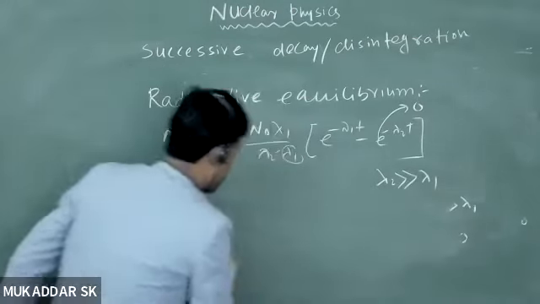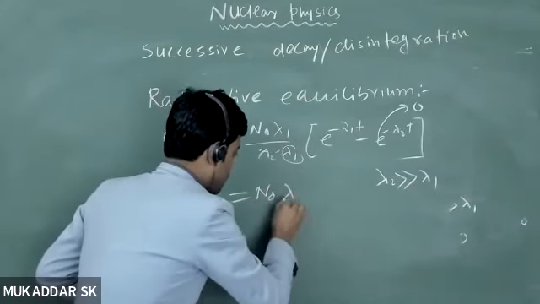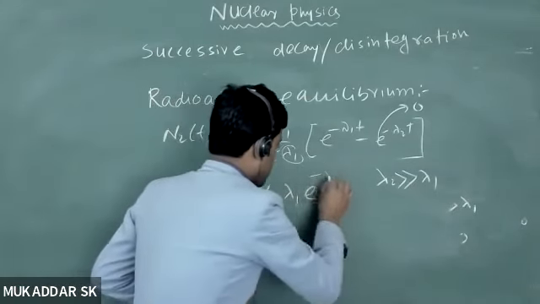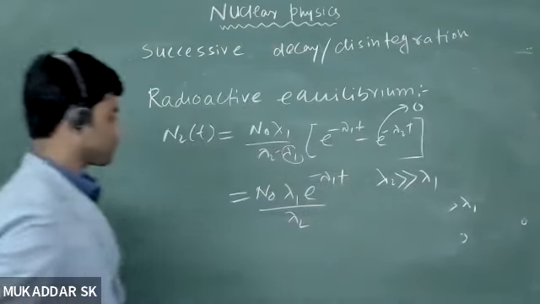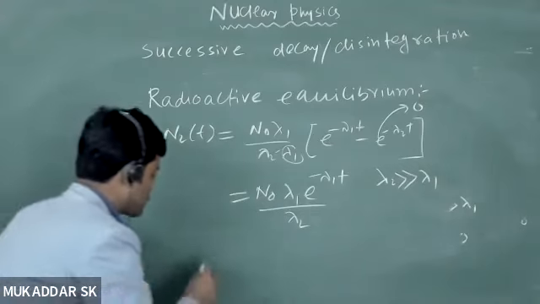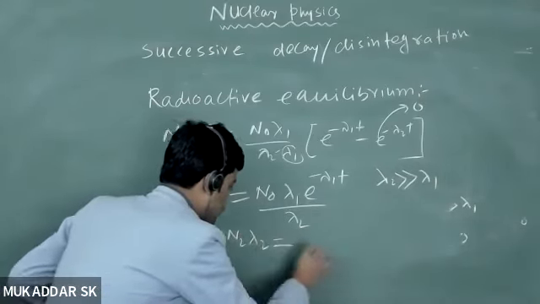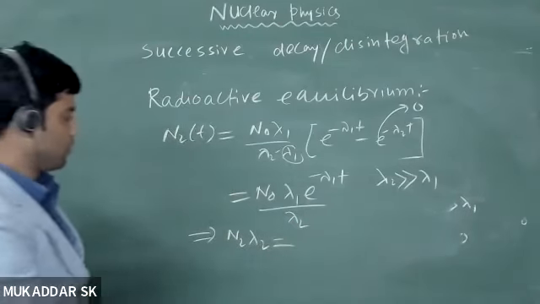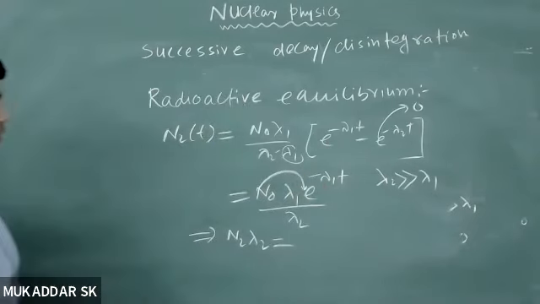If I do, then I'll get N naught lambda 1 e to the power minus lambda 1 t, and then we'll have lambda 2. And if I bring that N lambda 2 on the left hand side, you will have N2 lambda 2, and now if you combine N naught with this e to the power minus lambda 1 t, then how much I'll get?